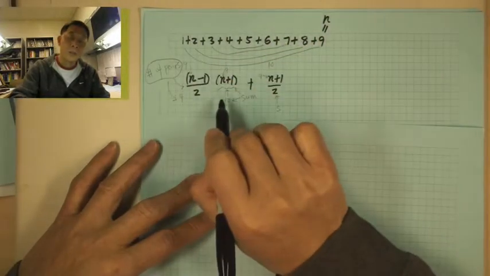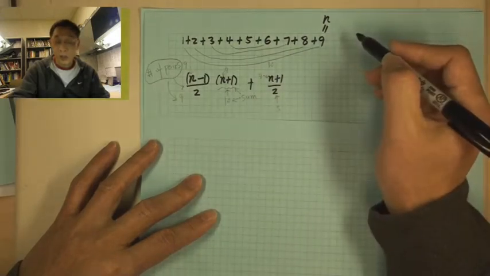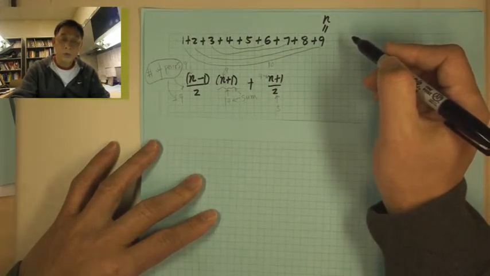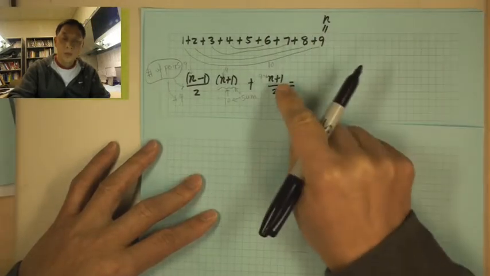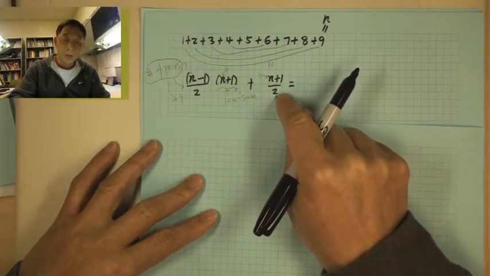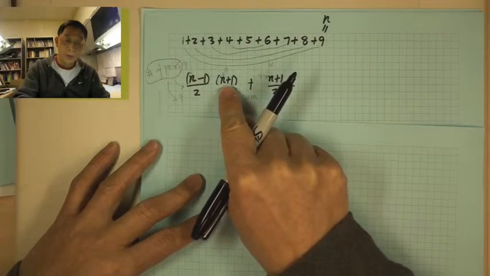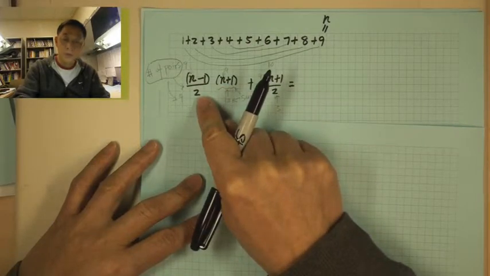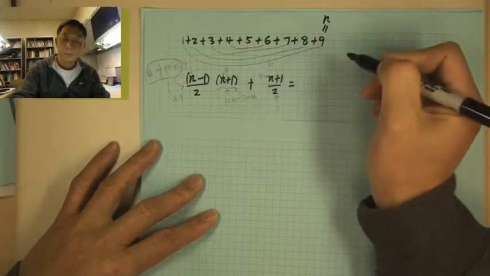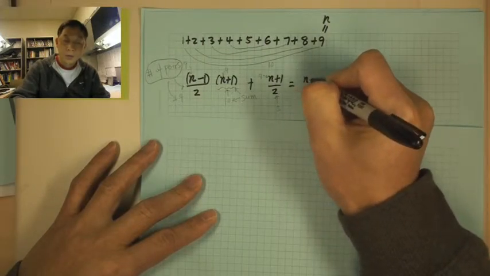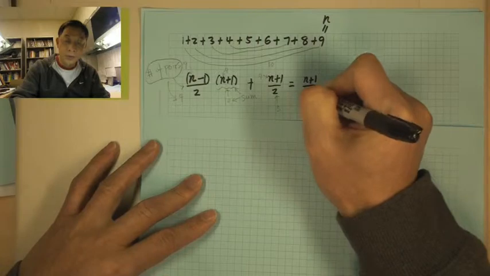But here I want to find a general formula. Now, n plus 1 divided by 2 appears in both terms, so we may pull n plus 1 divided by 2 out.